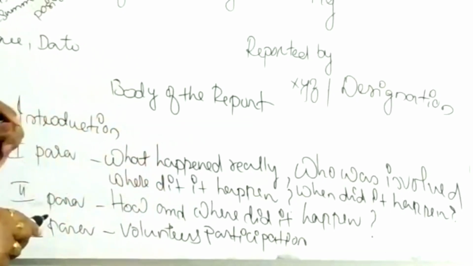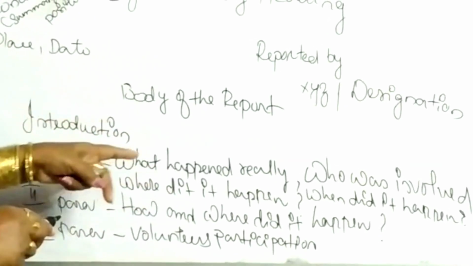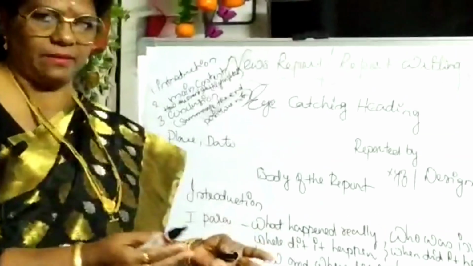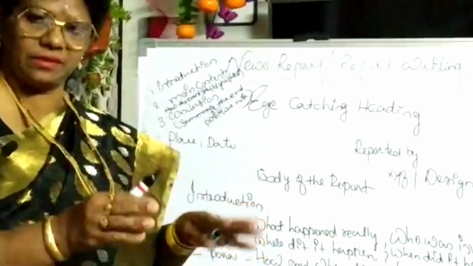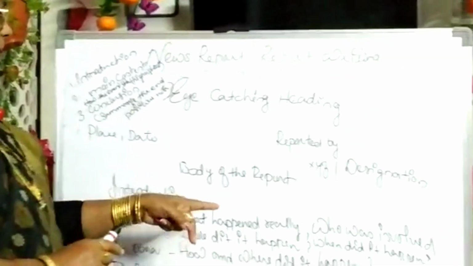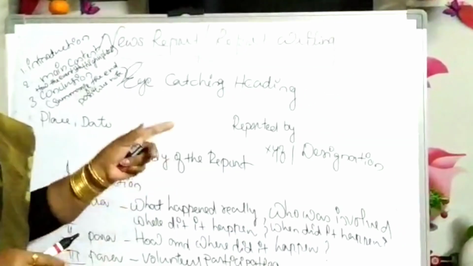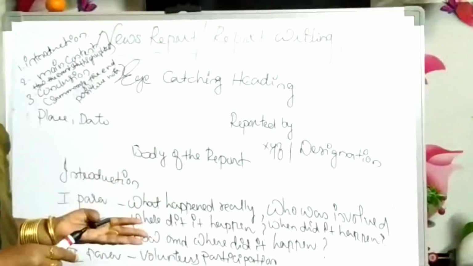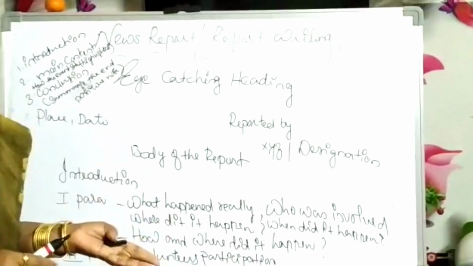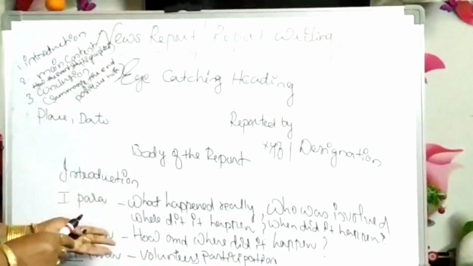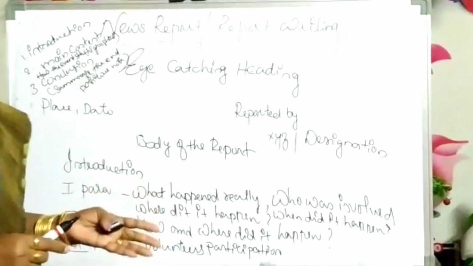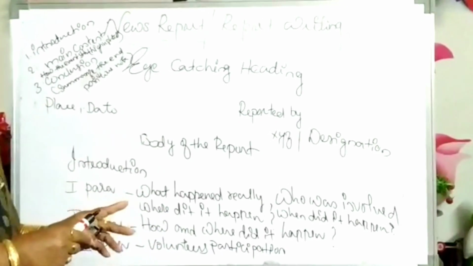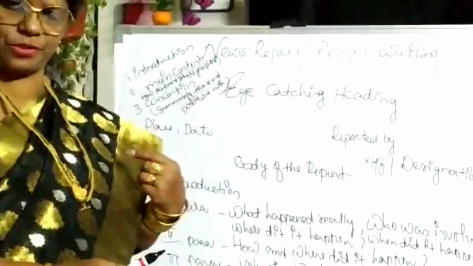First paragraph: what happened, about what we are writing in the report, what happened really, who was involved, where did it happen, when did it happen. Second paragraph: how and where it happened. Then third paragraph: volunteers' participation.